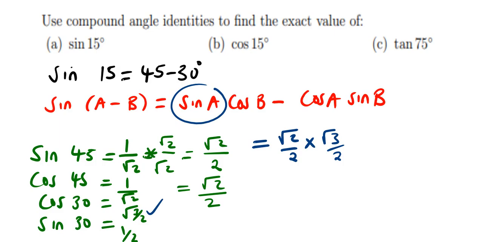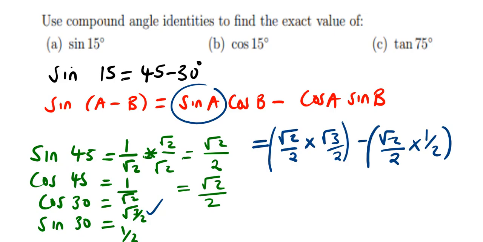Then there is a minus. We come to cos a, still root 2 over 2. Then sine b, that is just 30, so we have 1 over 2.